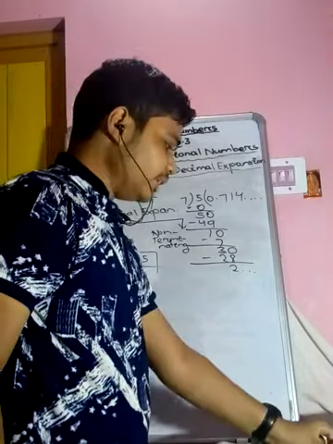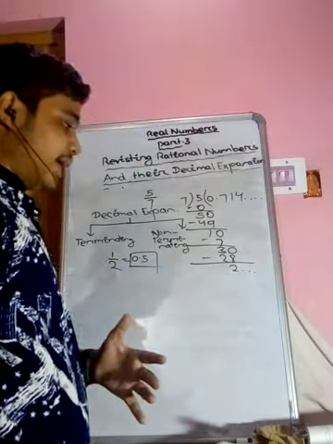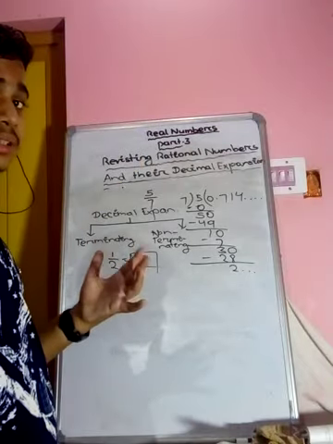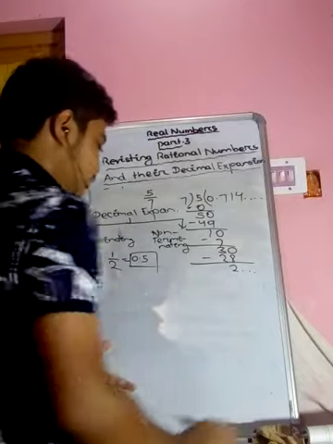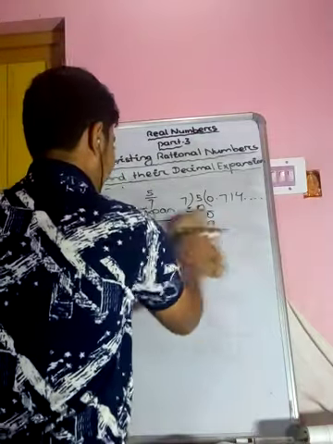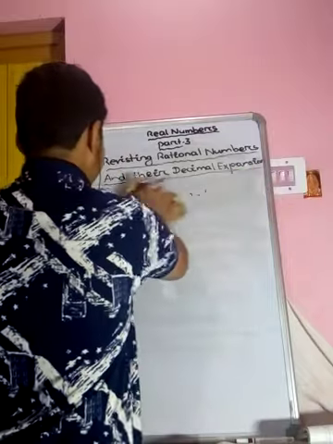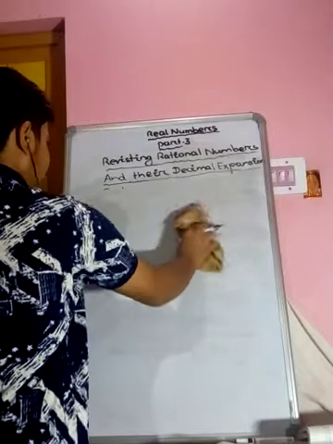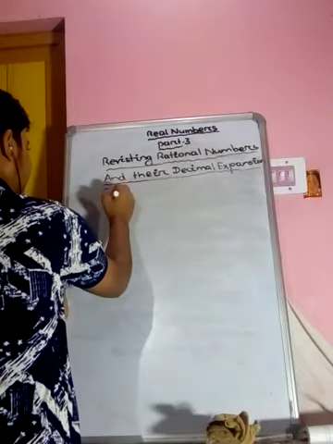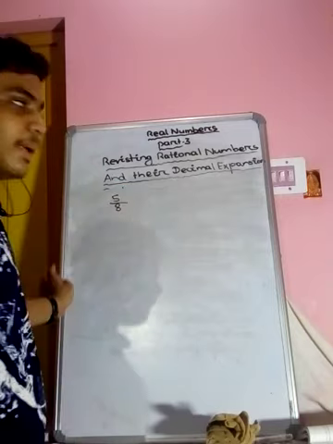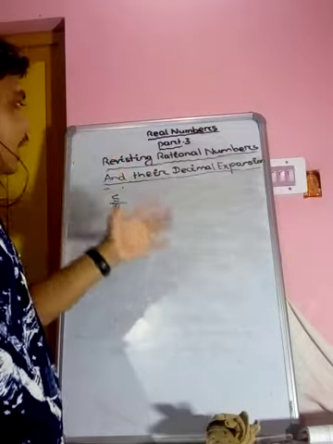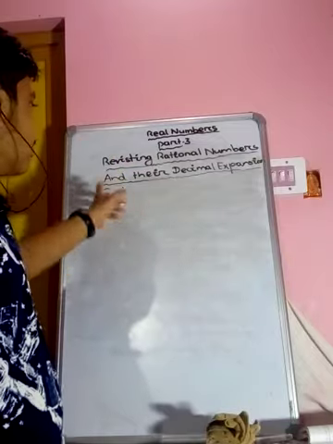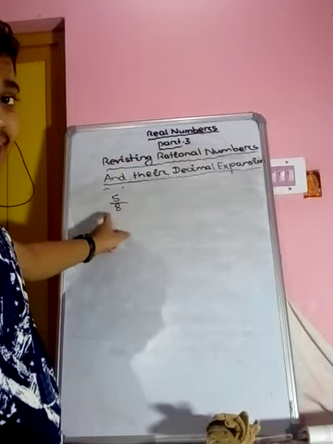Now in this book it is also given how to find the decimal expansion of rational numbers. Let us take an example, 5 by 8. How can we expand it without dividing 5 by 8?